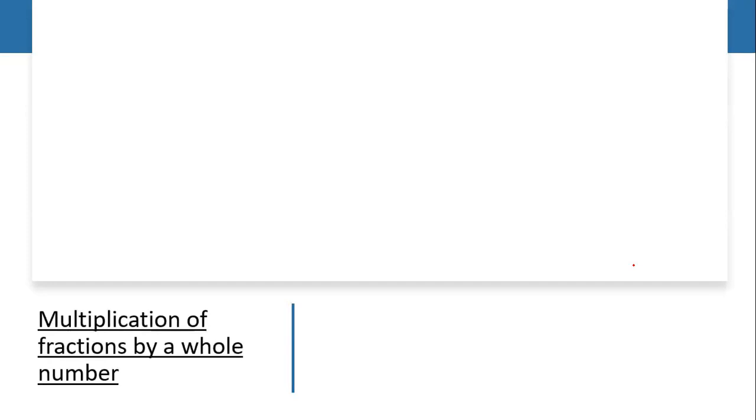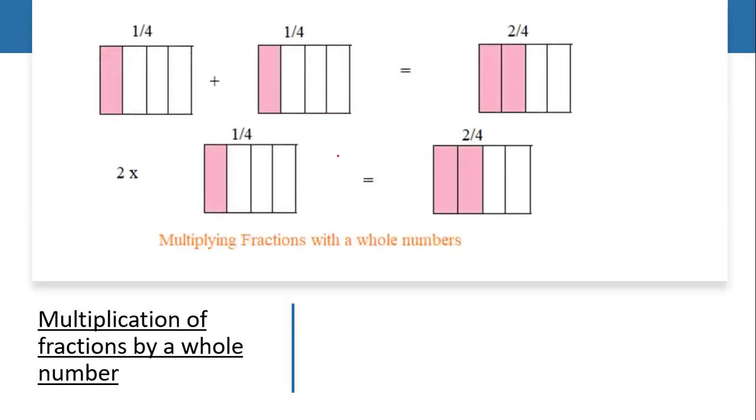Multiplication of a fraction by a whole number can be understood by an example. Suppose we have 2 pieces of 1/4 chocolate. So the total chocolate we have is 1/4 plus 1/4, which equals 2/4.